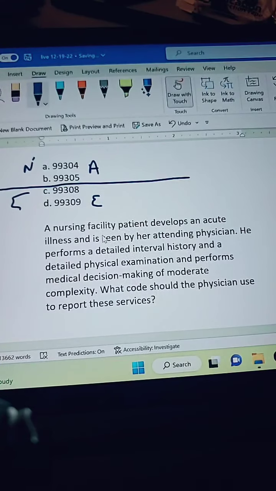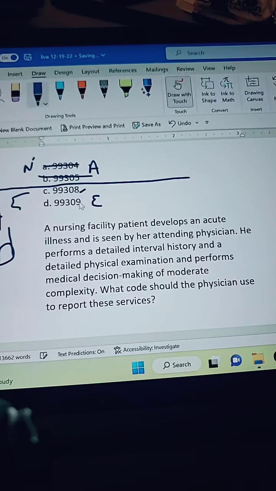This patient right here, we have no mention that they are new or established at all. So your default is always established. Always. Whether you're in the front of the book, back of the book, whatever, we're always going to default there.